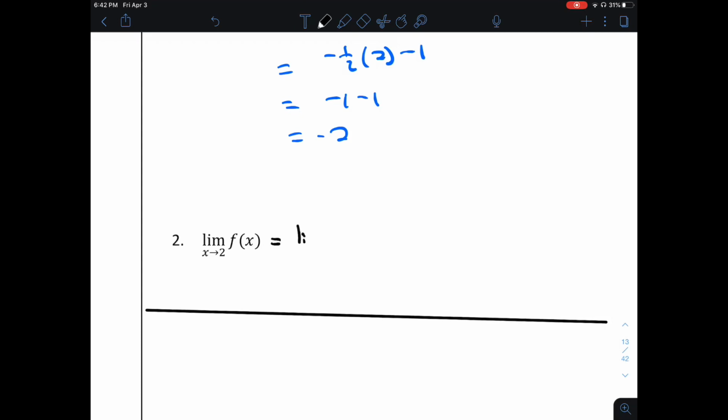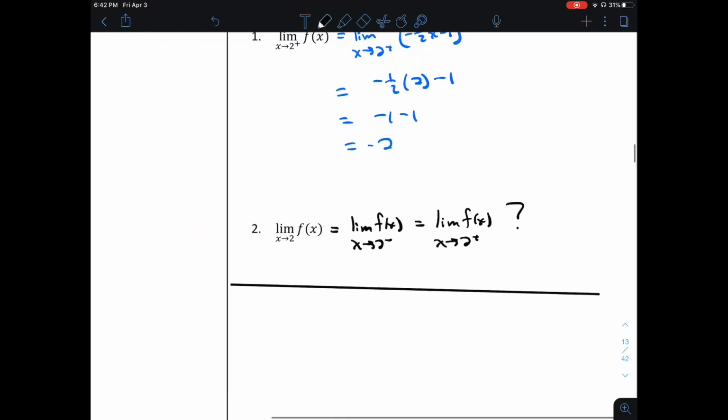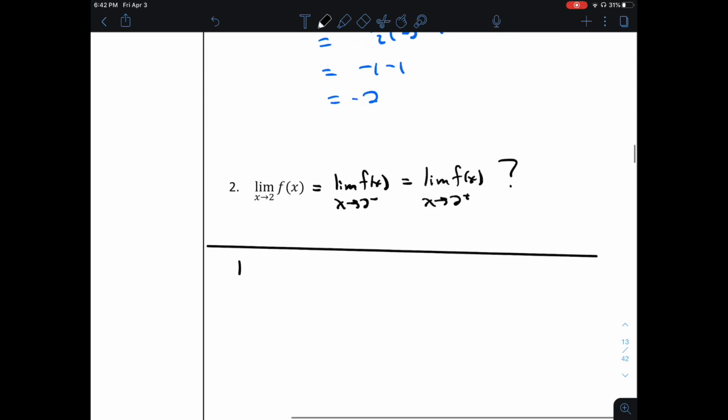We want to know, does this equal the limit of f of x as x approaches 2 from the left? And does that equal the limit of f of x as x approaches 2 from the right? Are those three equal? Specifically, are these two equal, which then in turn is going to make this be the answer to this? So let's check this out.